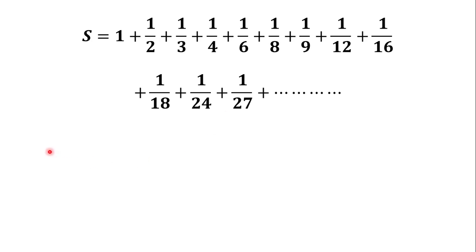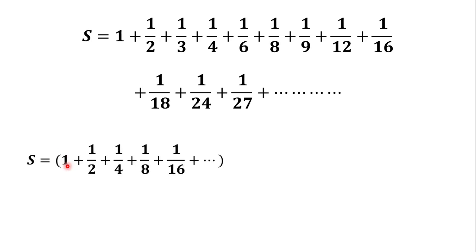In the next step, we want to write all the fractions whose denominator is a power of 2 in one parenthesis. 1 is equal to 1 over 2 to the power 0, 1/2 is equal to 1 over 2 to the power 1, 1/4 is equal to 1 over 2 to the power 2, up to 1/16 and other fractions.